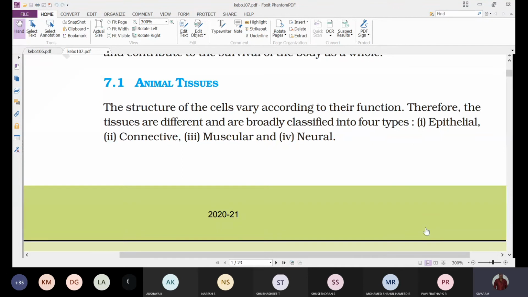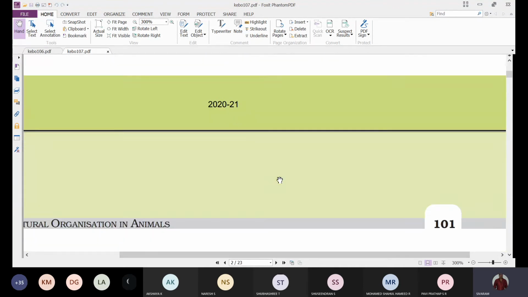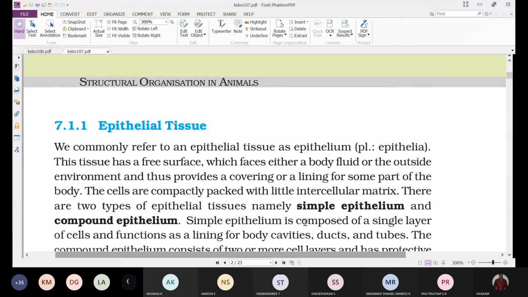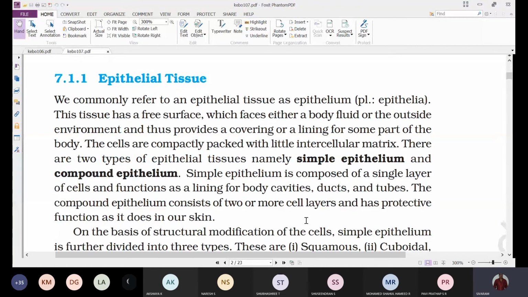First we'll go with the epithelial tissue. We commonly refer to an epithelial tissue as epithelium. Epi means upon.